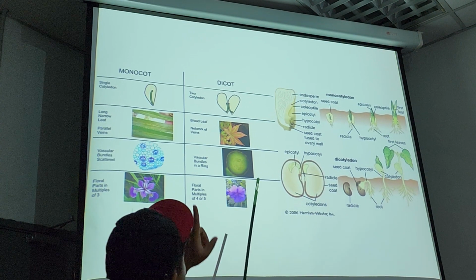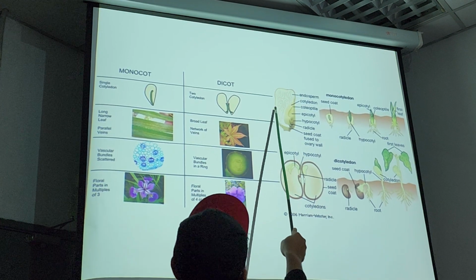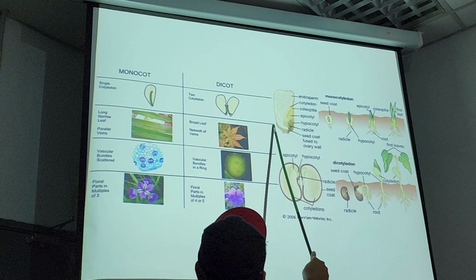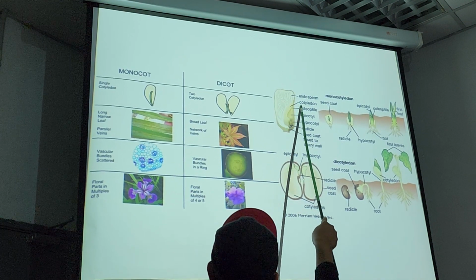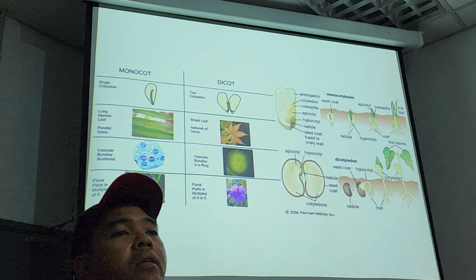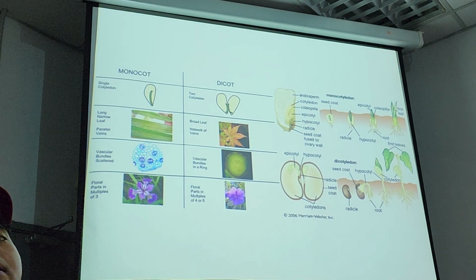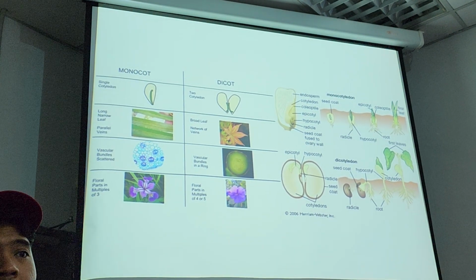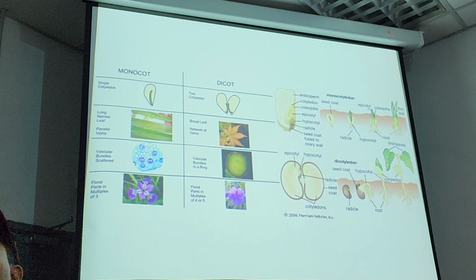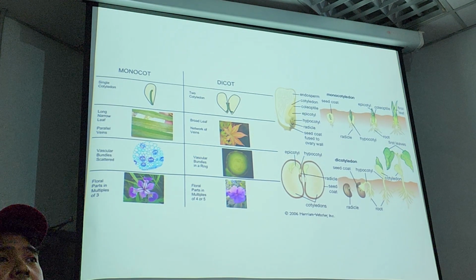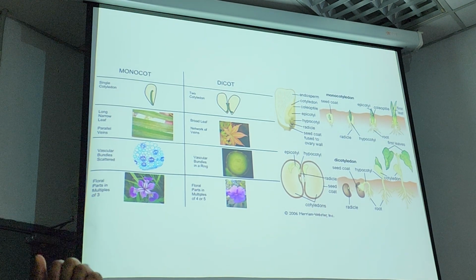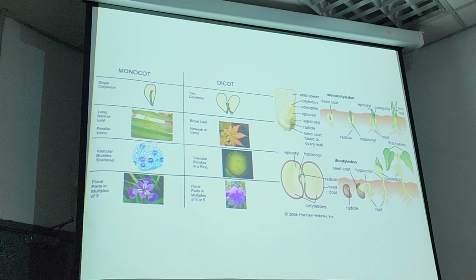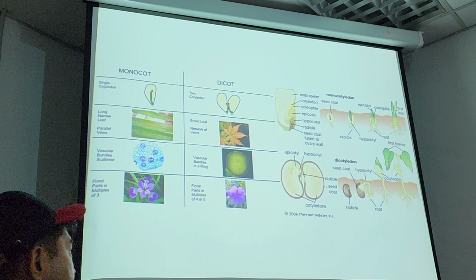So let's go one by one. Endosperm is the food reserve. Cotyledon is the baby leaf, but actually cotyledon is also a type of food reserve. There's a concept of endospermous seeds and non-endospermous seeds.